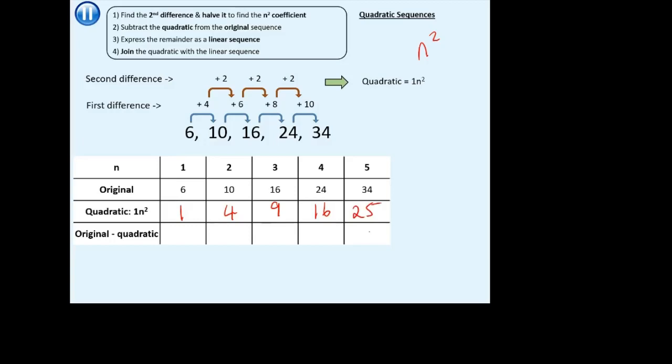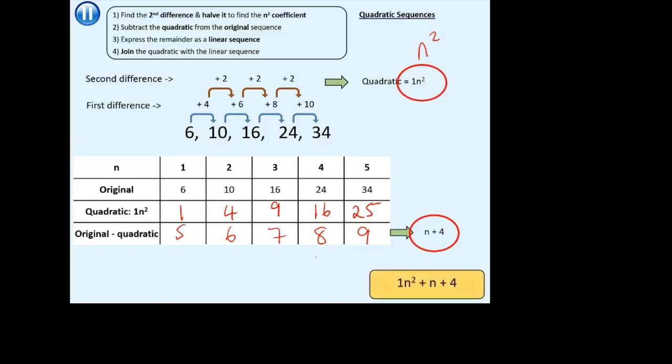I'm now going to subtract those one from the other to give me 5, 6, 7, 8, and 9. 5, 6, 7, 8, 9 is a linear sequence, which is n plus 4. All I do now is take my two parts, add them together, 1n squared plus n plus 4.